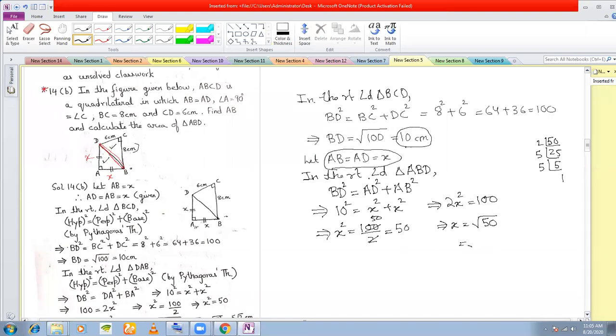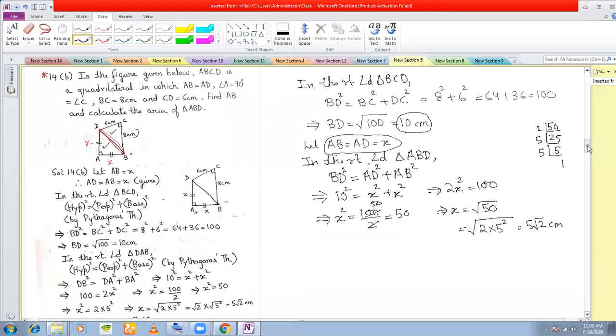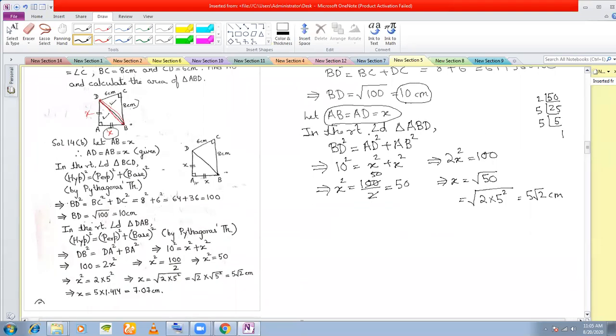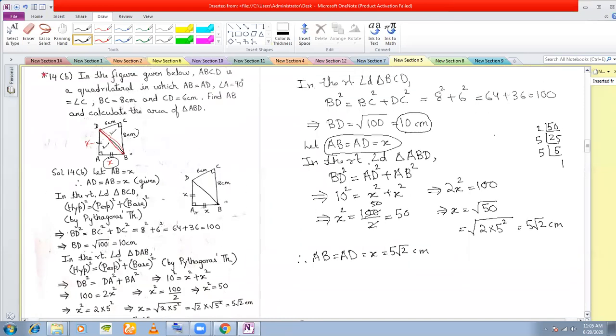So this becomes root over 2 into 5 square, which is 5 root 2 centimeters. So we have managed to find out x. And what is x? x is actually the length of AB and AD. Therefore, AB is equal to AD is equal to x is equal to 5 root 2 centimeters. Therefore, you have found out AB. That is what they had asked you in the first part of the question.